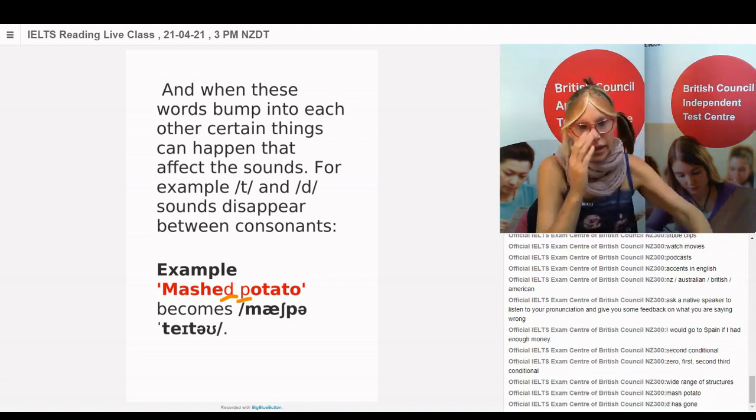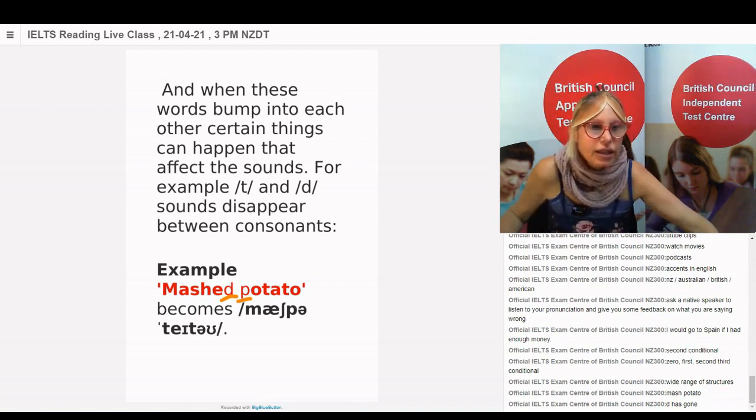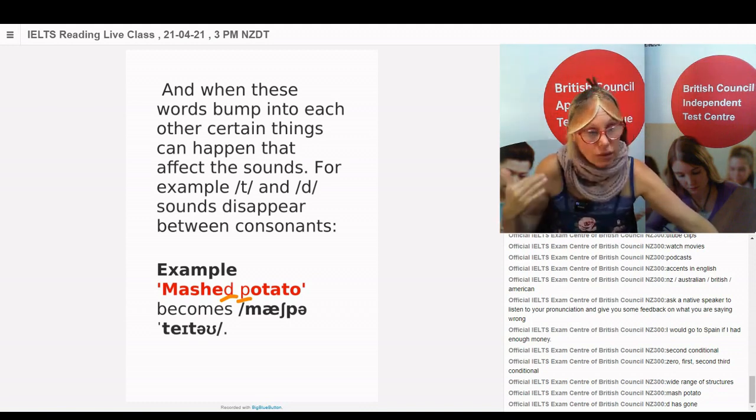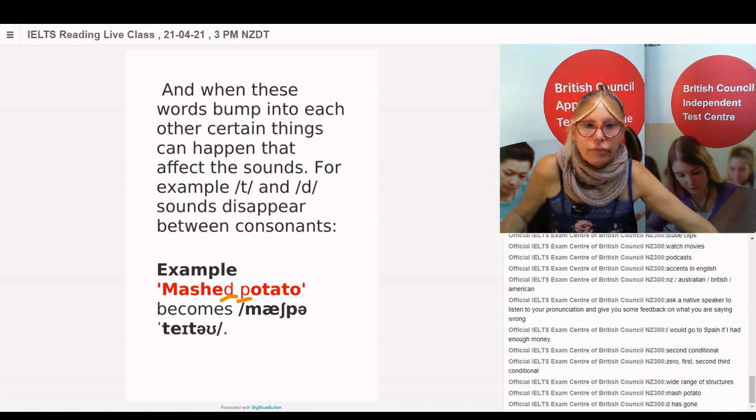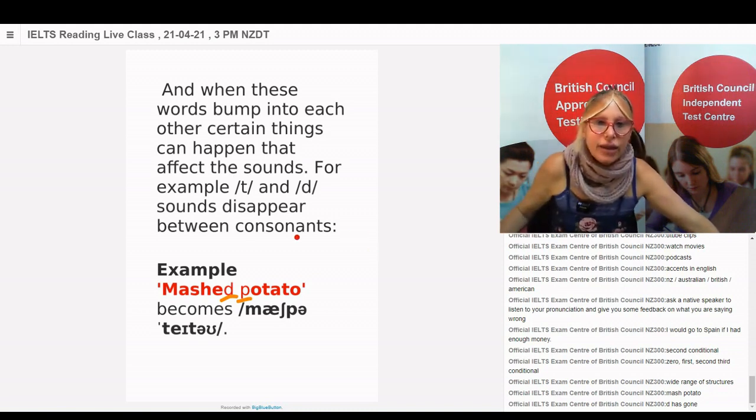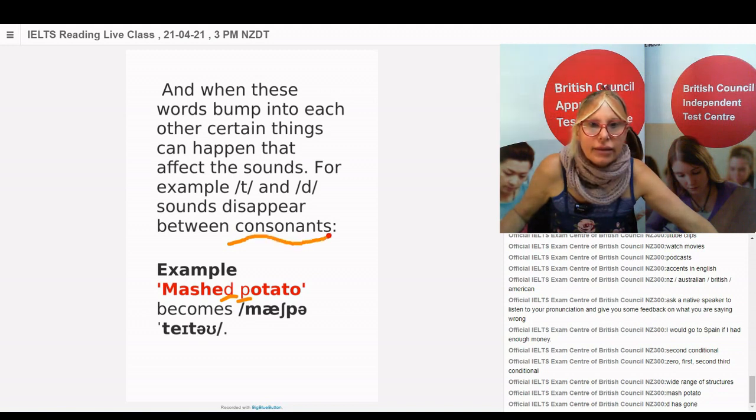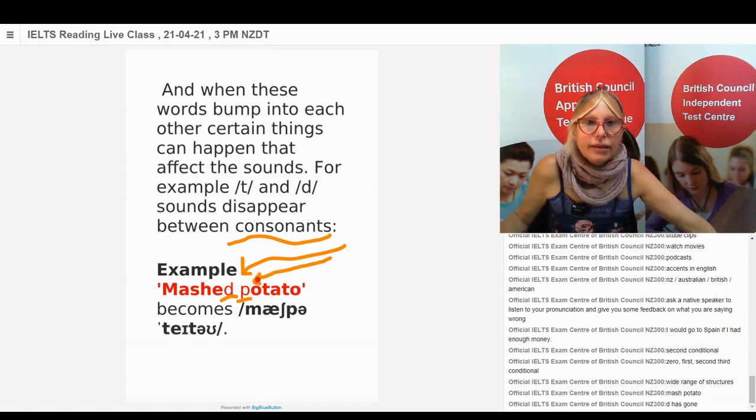It's not mashed potato, it's mashed potato. We're still sounding the P, but we're not doing the D. Okay, so little things like this, you can see that these are consonants, a D and a P, and the D gets removed.